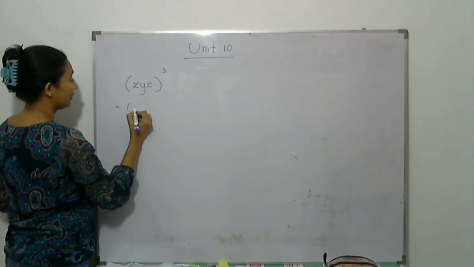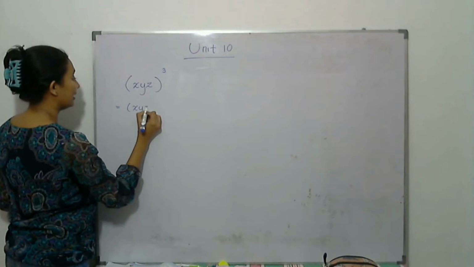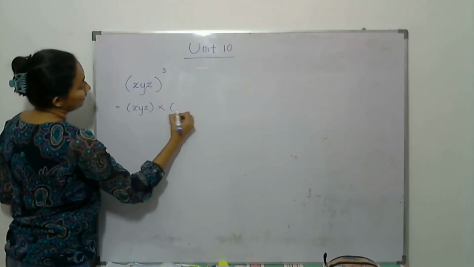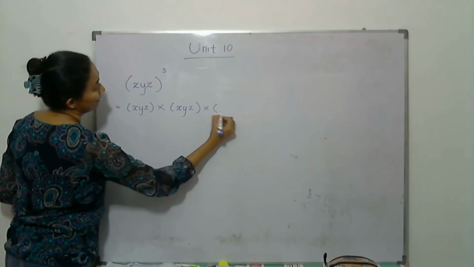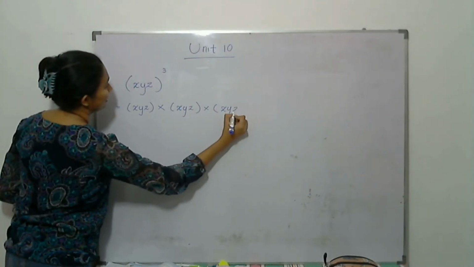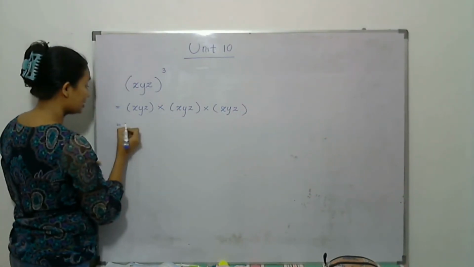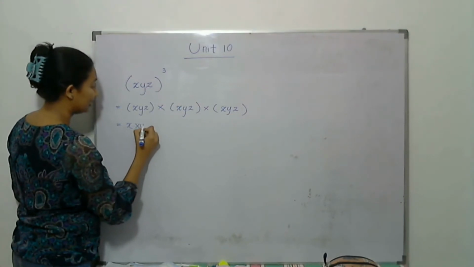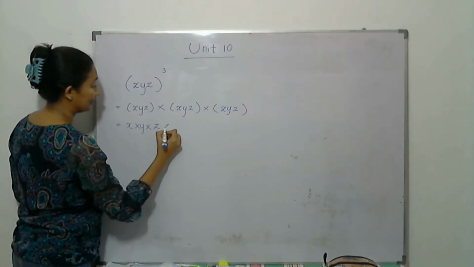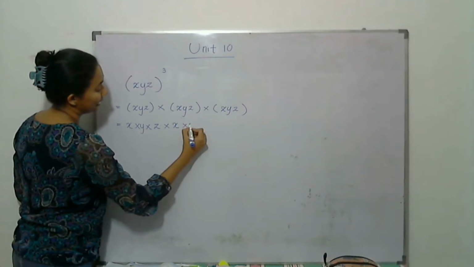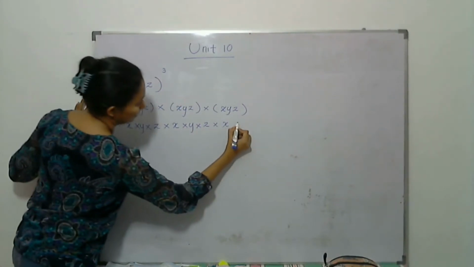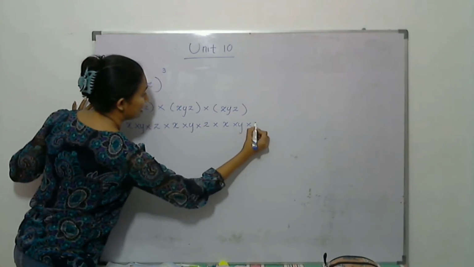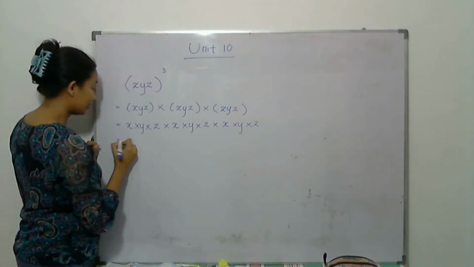Then you can write like this. XYZ into XYZ. Now we expand X into Y into Z, X into Y into Z, X into Y into Z. Now the like terms together.